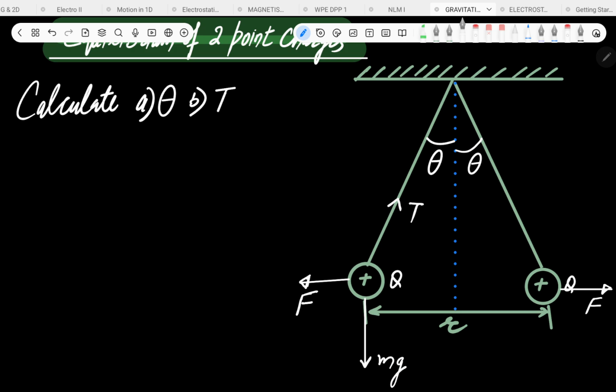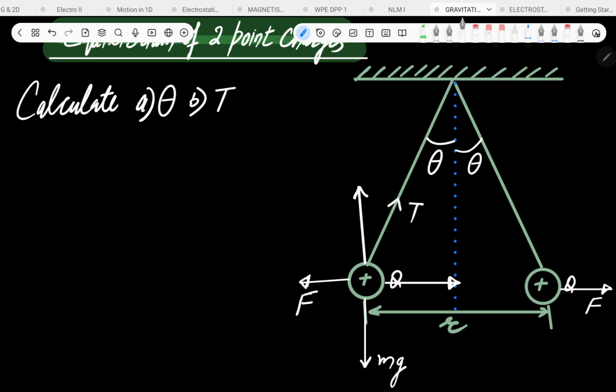Next, I will try to resolve this T into two rectangular components. So obviously it will have two components. This component will be in the vertically upward direction, and another component will be horizontal like this.